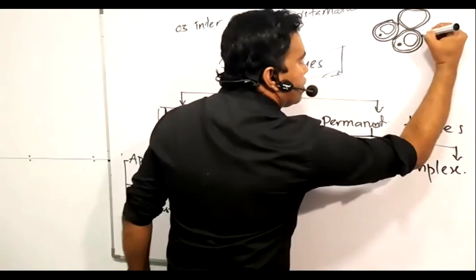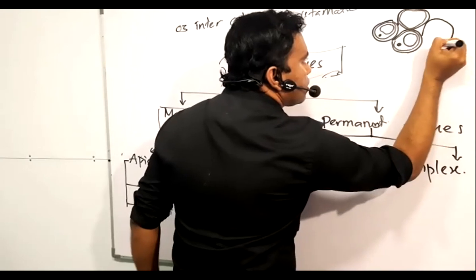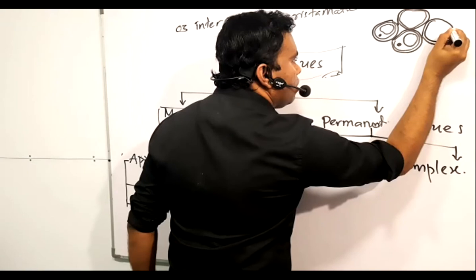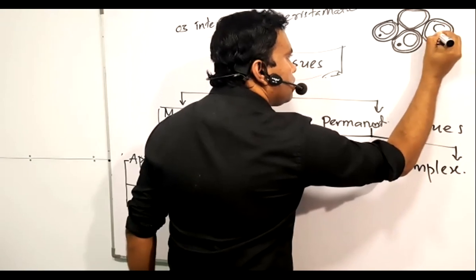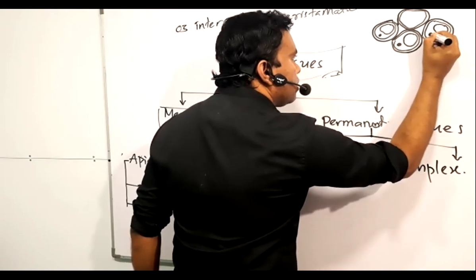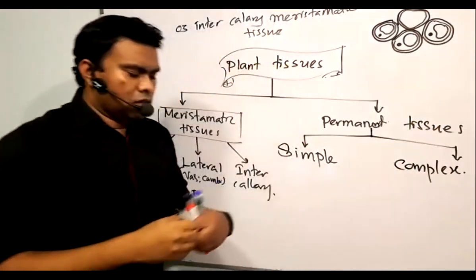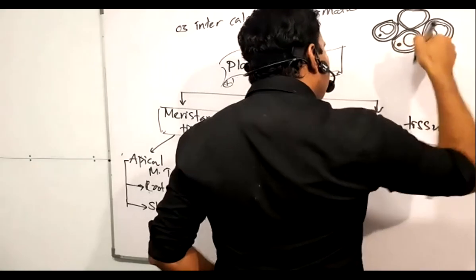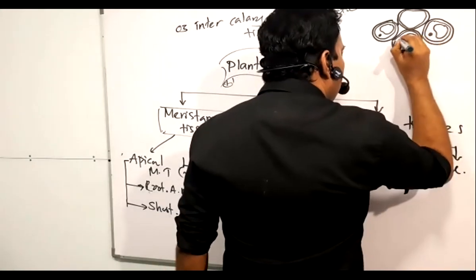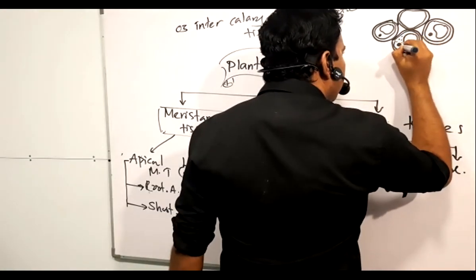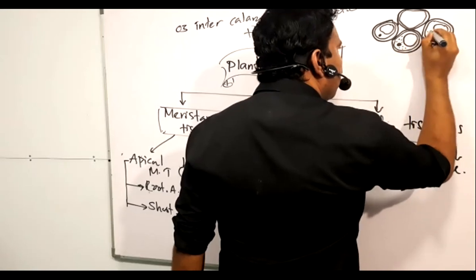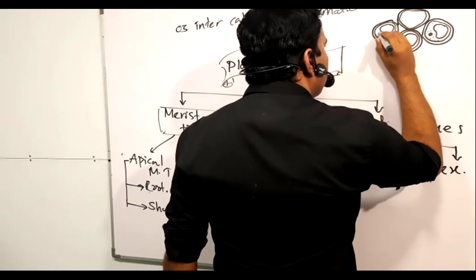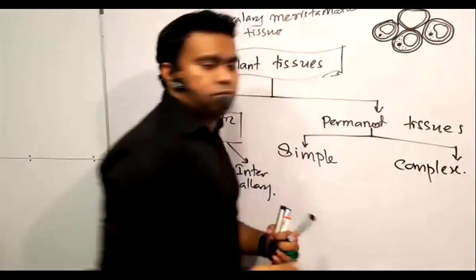Okay, another cell wall, large central vacuole, and the nucleus. Sometimes, when it occurs in plant leaves and tender shoots, it possesses chloroplasts also.